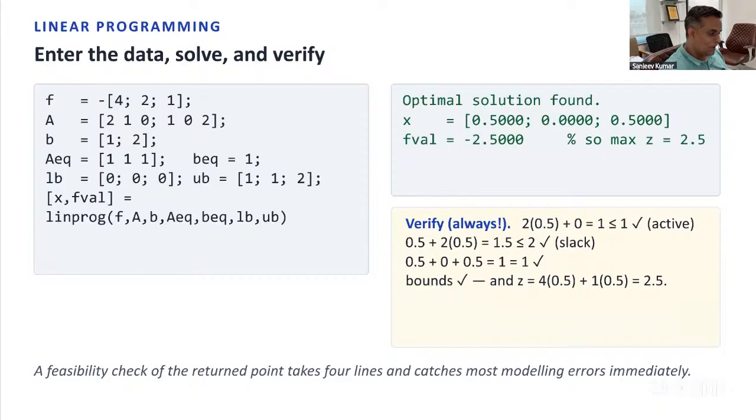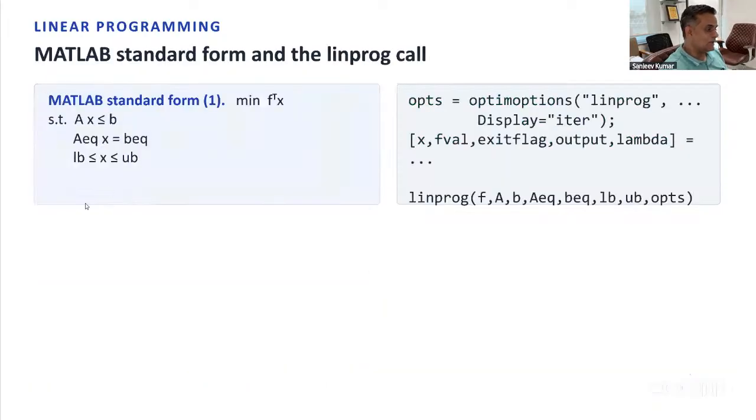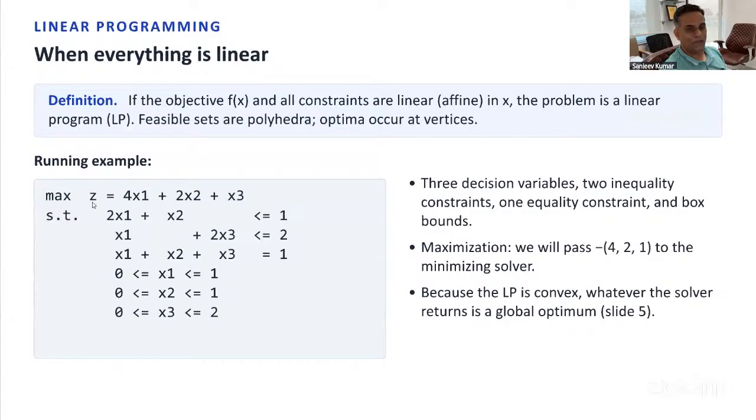If you compare your problem with this, the problem is maximizing Z. Maximizing Z is equivalent to minimizing minus Z. Because linprog works for minimization, that's why I convert it into min.